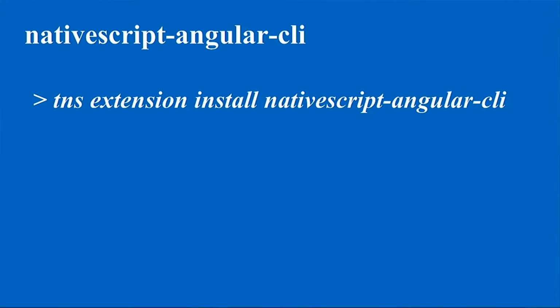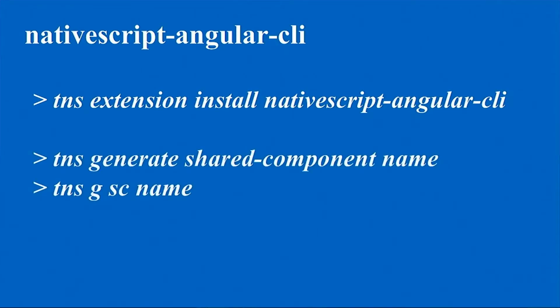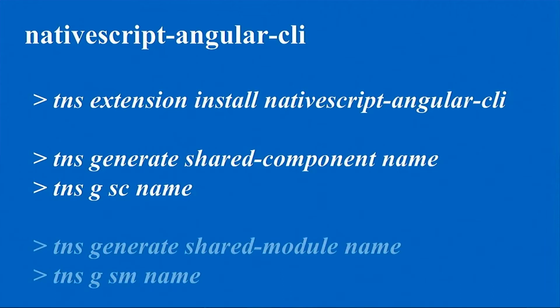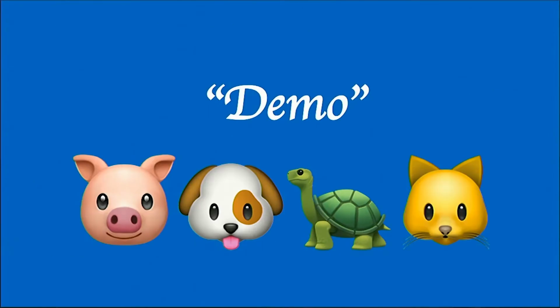But luckily, I created a library, an extension to NativeScript CLI. If you call tns extension install nativescript-angular-cli, it will give you additional commands. You'll be able to generate shared components and even generate shared modules, just like you would do in Angular CLI. So I've got a bit of time, so I'll do a quick demo for you.